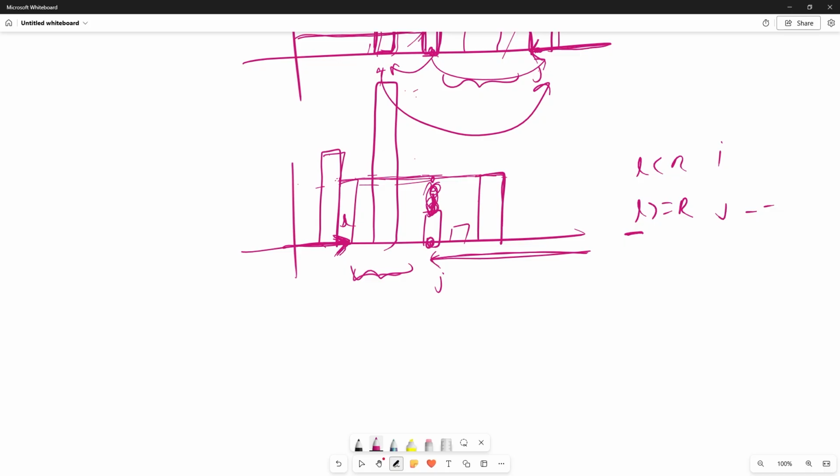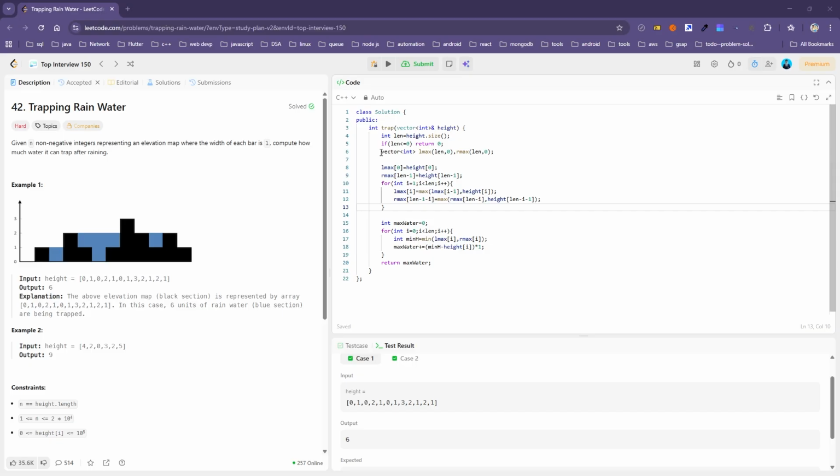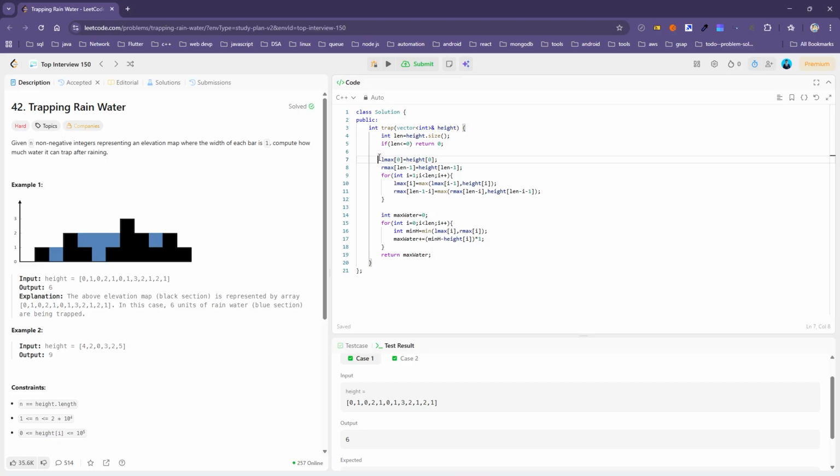Okay, so now let's code this solution. We don't need these Lmax and Rmax arrays. So Lmax will be 0, Rmax will be 0. Max water will be the same, and we'll run the loop while i is less than j, where i will be 0 and j is length minus 1.